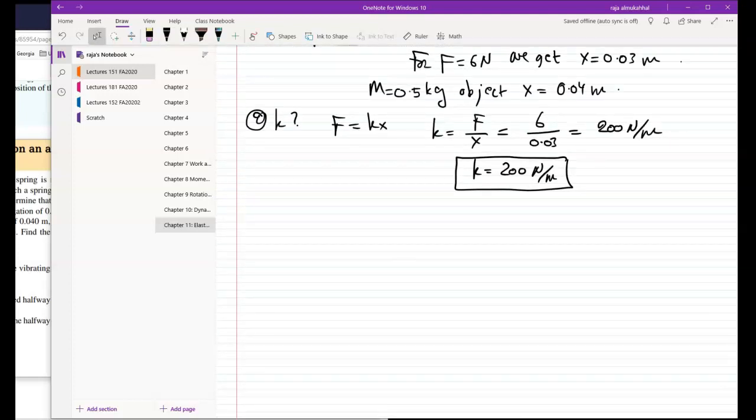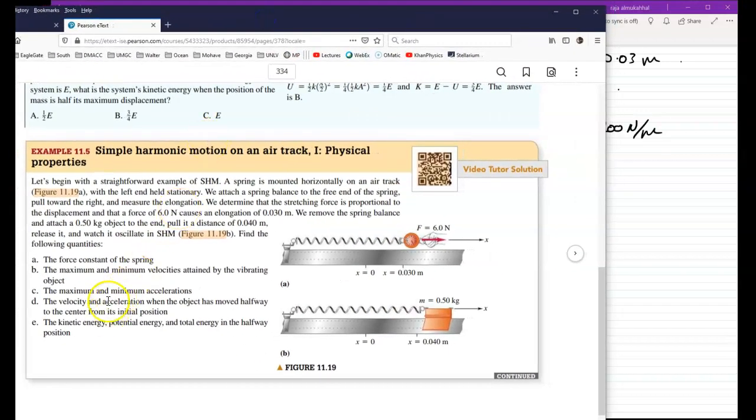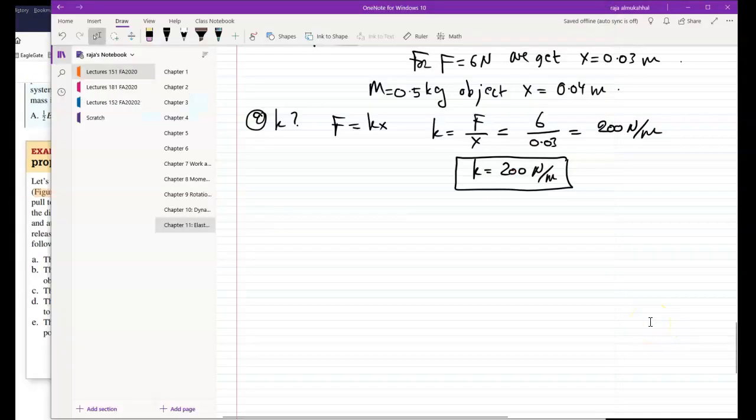The second part, he says, find the maximum. Okay. He said, here, let me go back. The maximum and minimum velocities obtained by the vibrating object. Vibrating, that's another word for it.